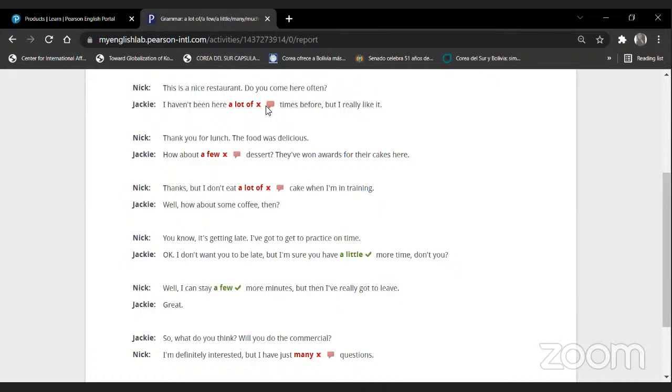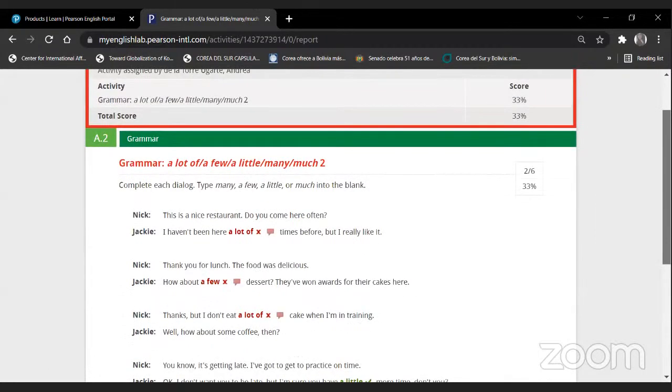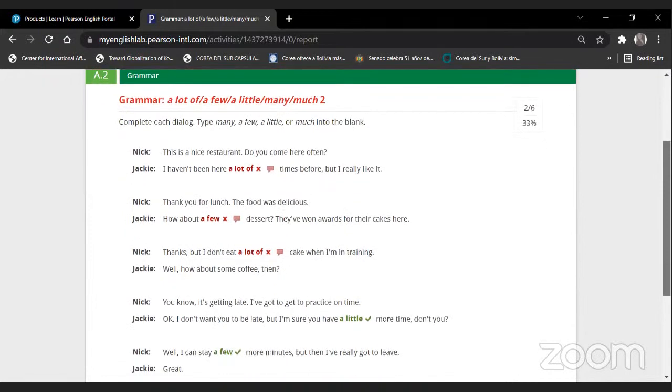Oh, yes. The instruction says complete each dialogue, type many, a few, a little, or much. So not a lot of, right? Yes.